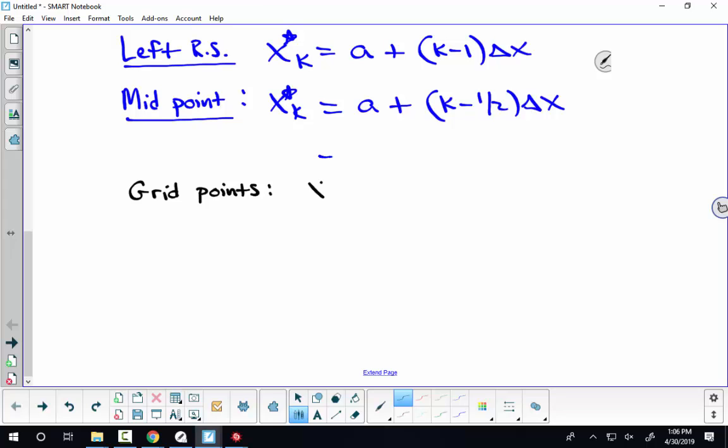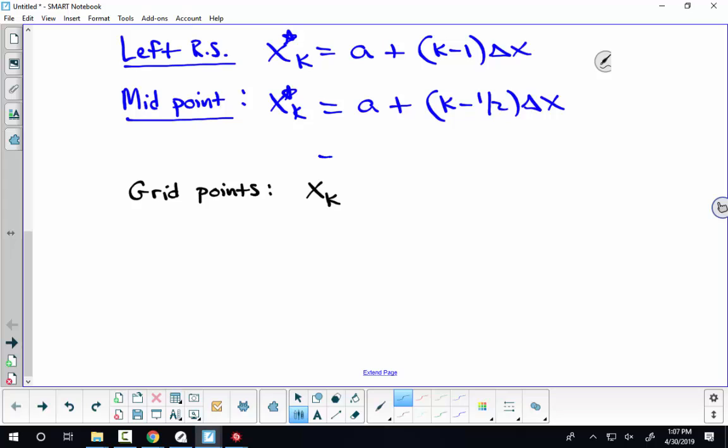The grid points were the x sub k's. The x stars were each location in some grid. Whatever value of x we choose to evaluate the rectangle's height at, that's where our x stars come from. The x stars are x values in each subinterval that determine the height of the rectangle.